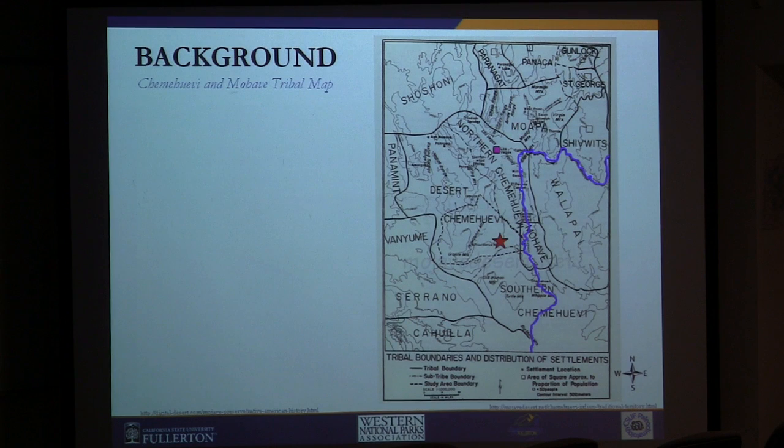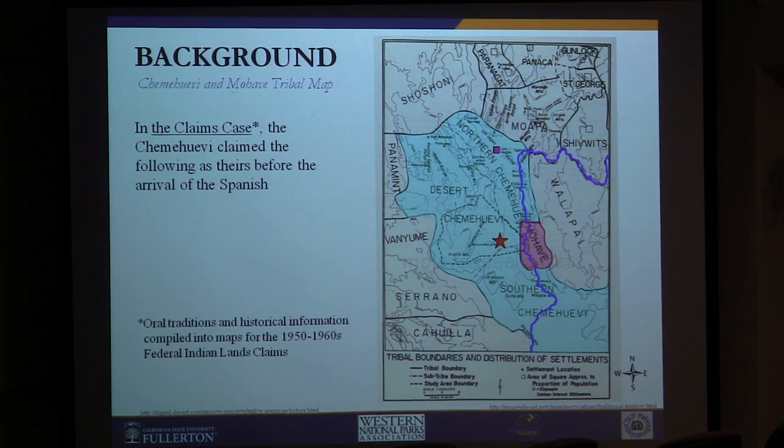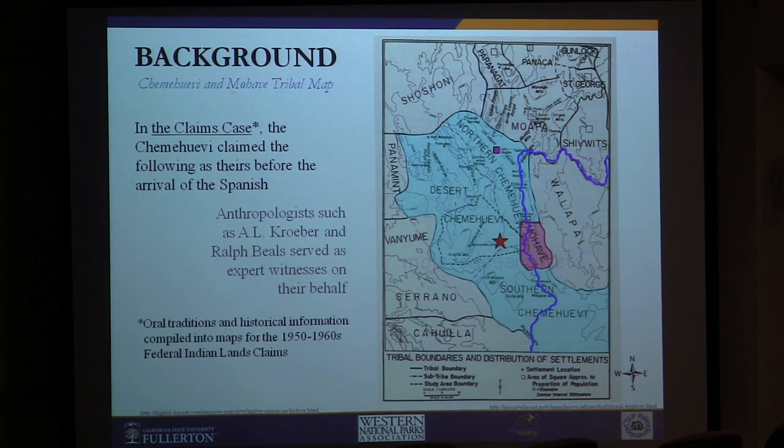This gives you an idea here. I marked where the Colorado River is, so you can see where we are spatially on the map. We've got Ford Lake again as the red star. The purple square is Las Vegas. During the claims case, which is basically they used oral traditions and historical information and compiled it to create the federal Indian lands claim.